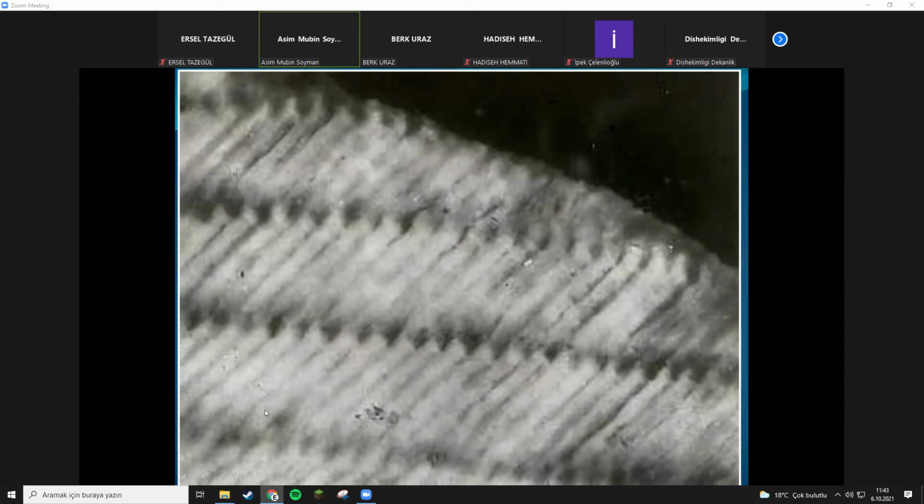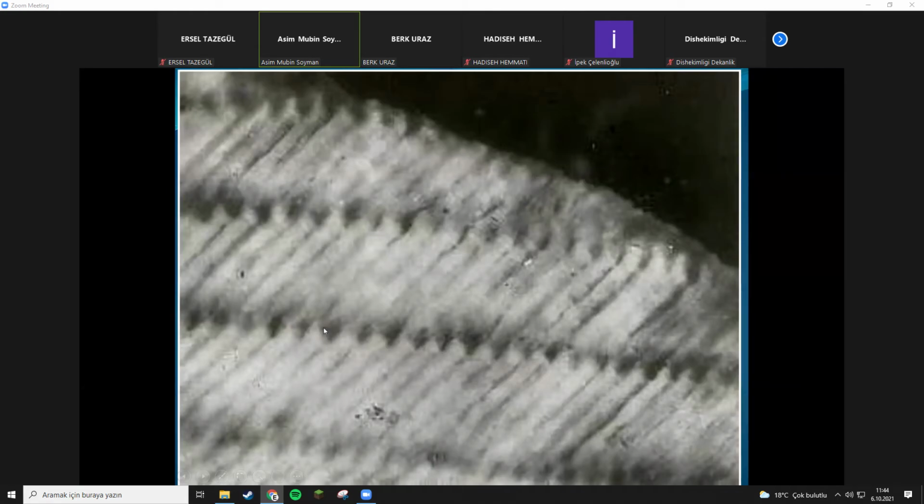But the ameloblasts are living cells. They are working, so they get tired, they should rest. And all the ameloblasts at the same time, approximately every 24 hours, rest. When they rest altogether, they do not secrete the organic matrix, or they secrete very little organic matrix.